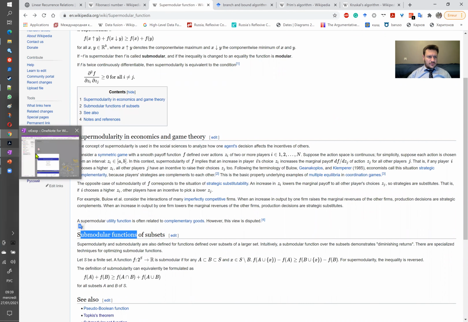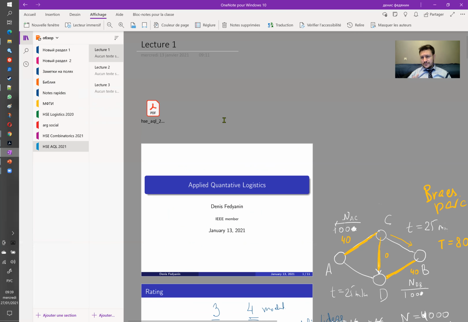I would like to tell a little about our previous lectures, about the main direction of research of our lectures. The idea of this course is applied quantitative logistics. We will try to focus on logistics, I mean routing and maybe the assignment problem that we have already discussed, and we will try to stay focused on mathematics and computer science.